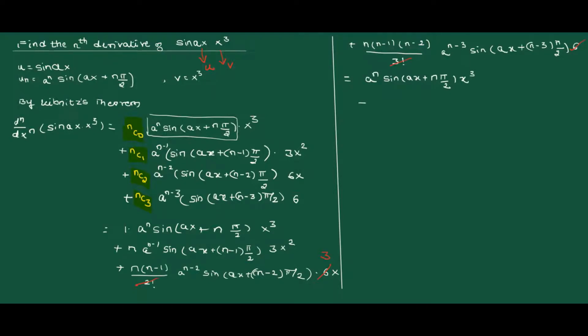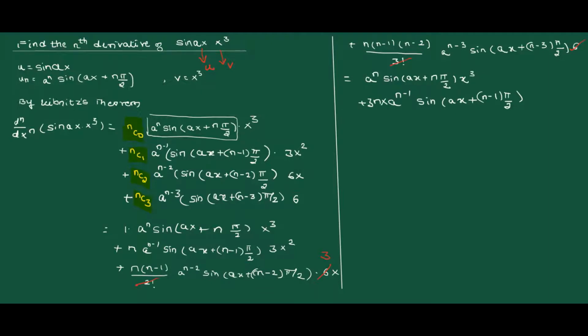Plus, now the second term is n, and then a raised to n minus 1 sin(ax) plus (n minus 1) into pi by 2, divided by 3x is remained, sorry, into 3x is remained.